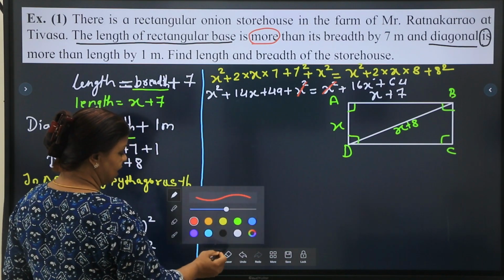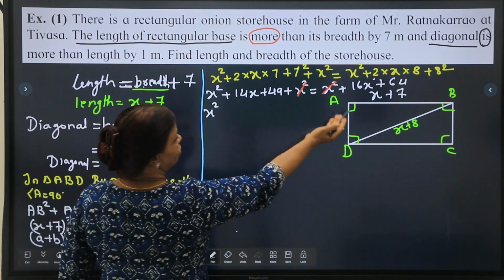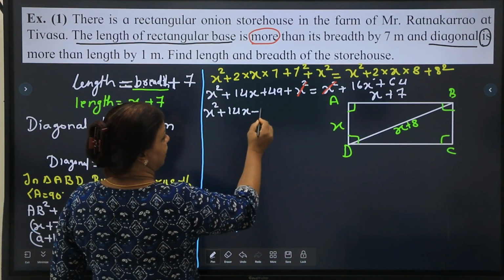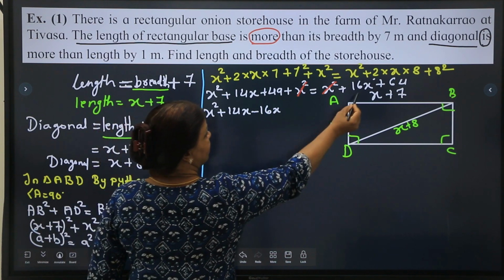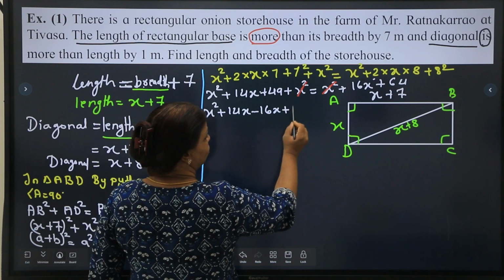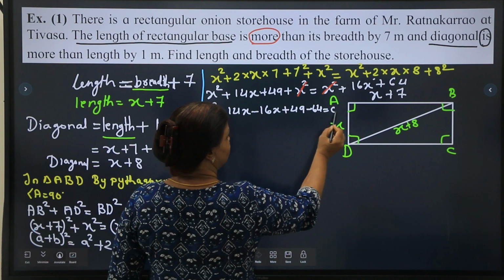What will be left with us? x square, and all the terms we are going to shift to one side, plus 14x minus 16x, because 16 is plus, when I shift it here it will become minus, plus 49 minus 64 is equal to 0.